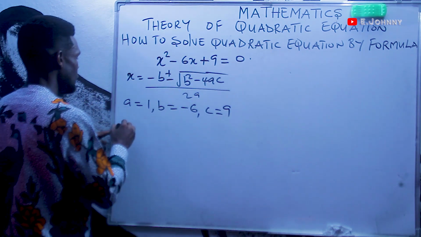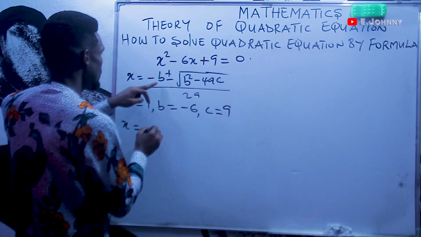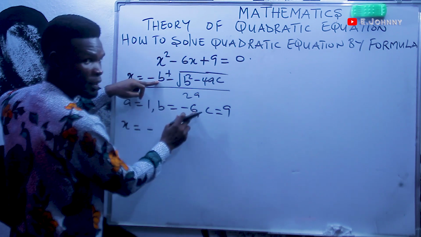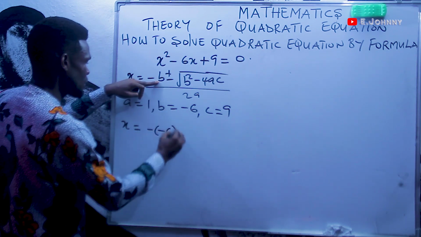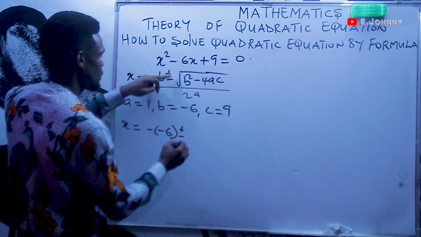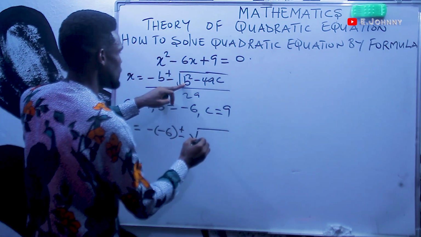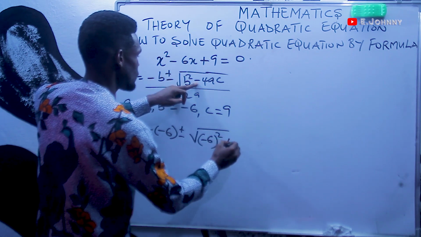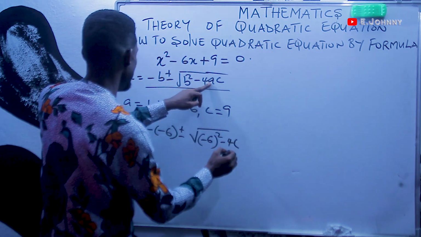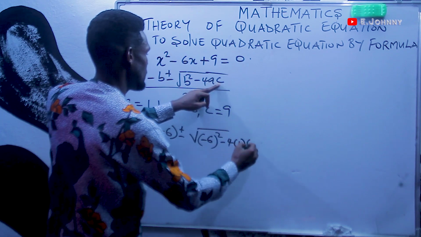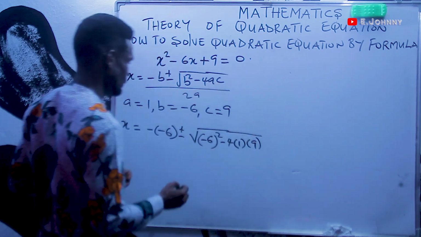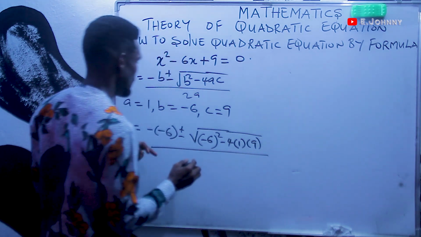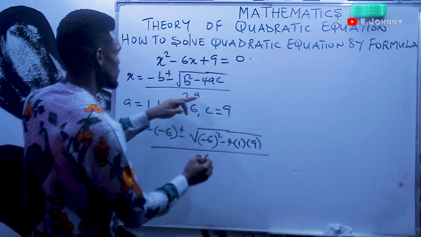Substitute into the formula: x is equal to minus b. What is b? Minus 6, so you have minus minus 6, plus or minus the square root of b, which is minus 6, then squared, minus 4 times a, which is 1, times c, which is 9, divided by 2 times a.